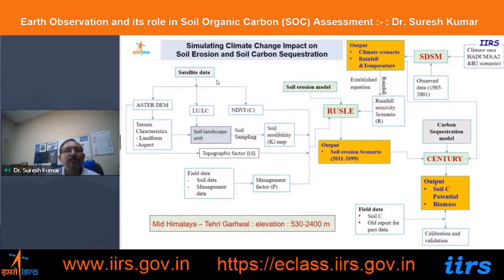We carried out the study in the mid Himalayas of Uttarakhand. We downloaded the climatic HadCM3 scenario data from the internet, then downscaling was done by the SDSM model, and we generated the climatic scenario for the area.